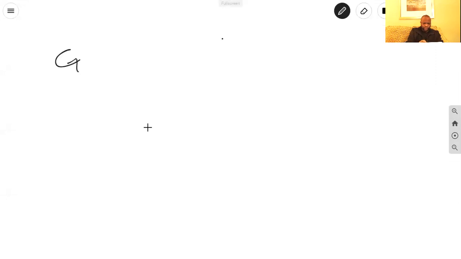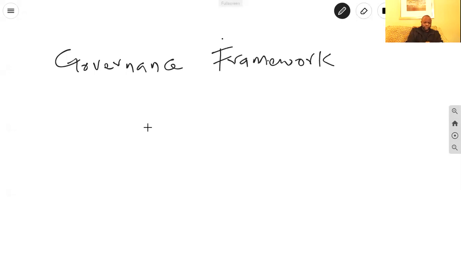Okay, so in the PMBOK guide, when you talk about a governance framework, they're really talking about the rules. A governance framework needs rules to follow, organizational rules, policies.